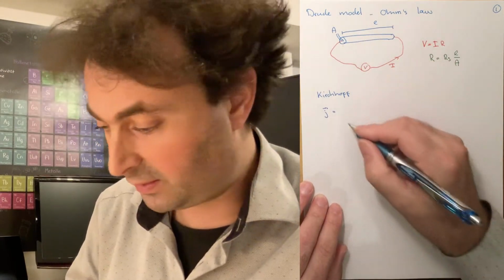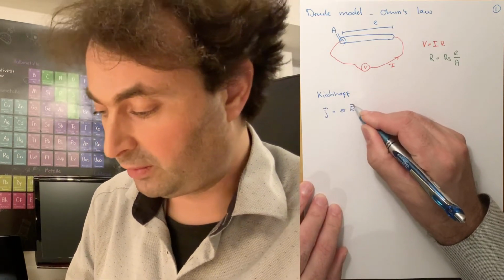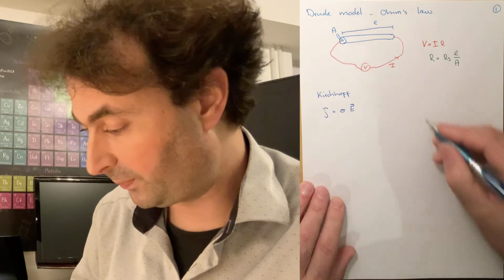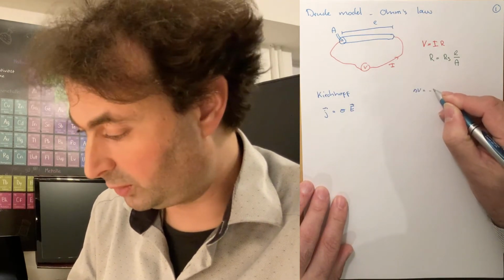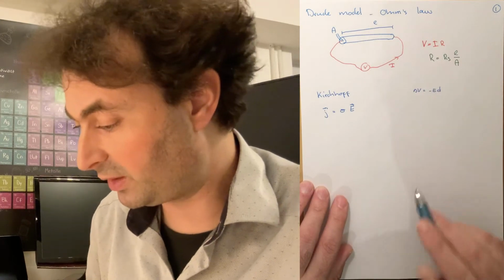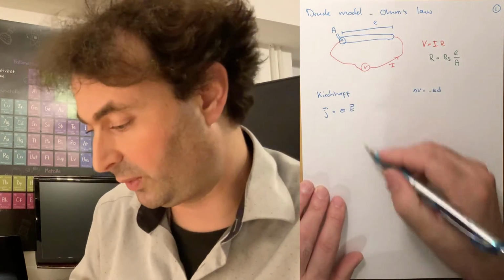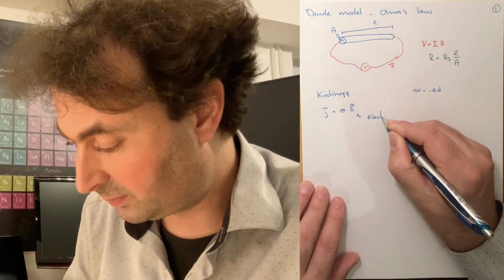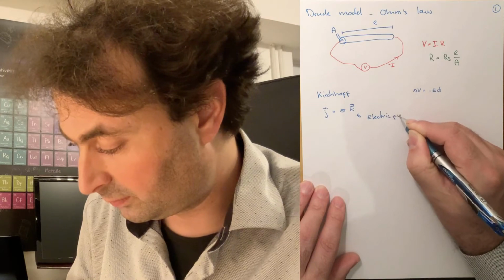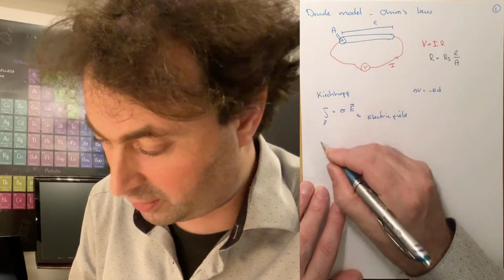And the current density is related to the conductivity times the electrical field. And the voltage is related to the electrical field times the distance, such that also here the length drops out of the equation. So E is our electrical field. And J is the current density.